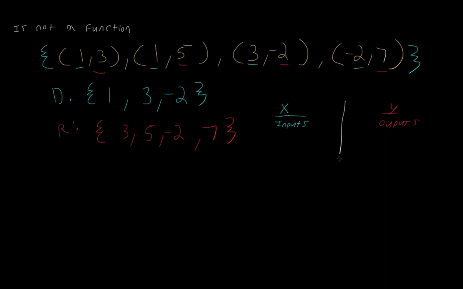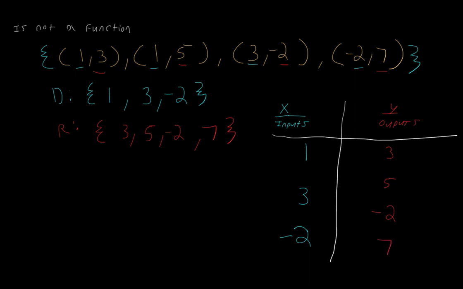So 1, 3 and -2, and then 3, 5, -2, and 7.